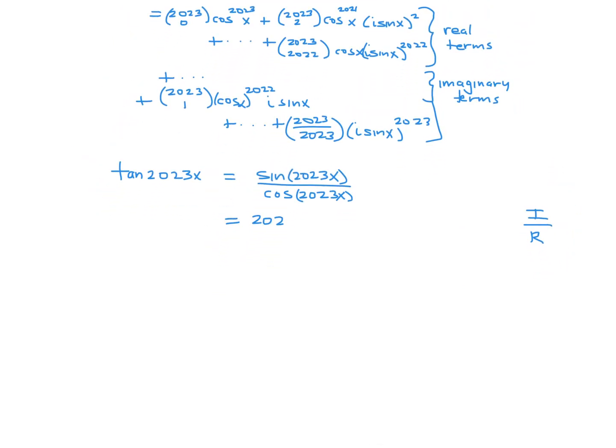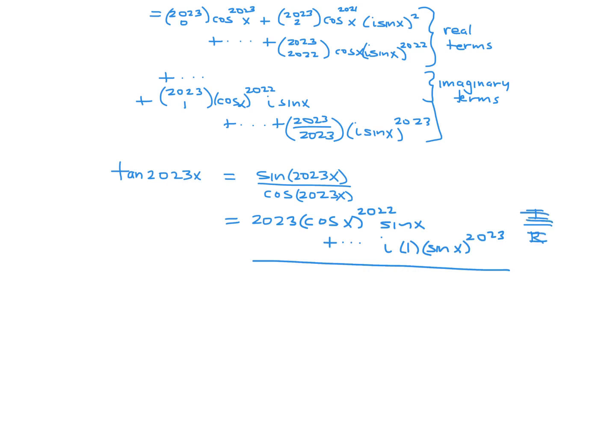So 2023, if we were to figure out those numbers, cos of x to the 2022, times sine x, and then eventually the last one would be 1 times the sine of x to the 2023, and then that's all over the real part. So this was the imaginary part, and this is the real part. If we do those numbers, I believe it will be 2023.